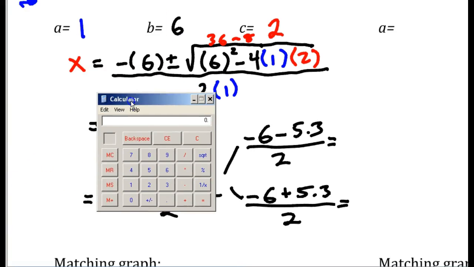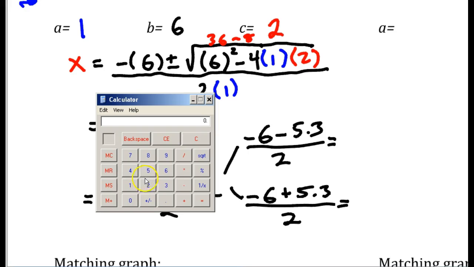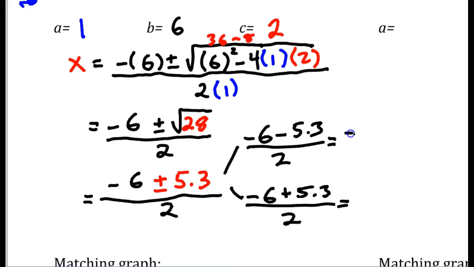So we got negative 6 minus 5.3 equals negative 11.3, divided by 2 equals negative 5.65. Right.